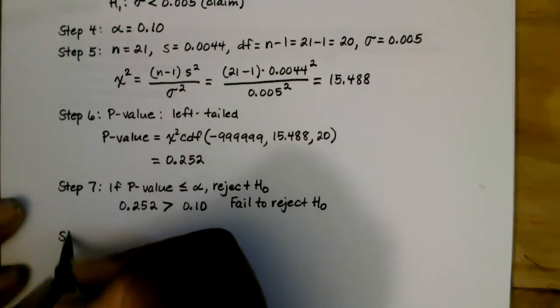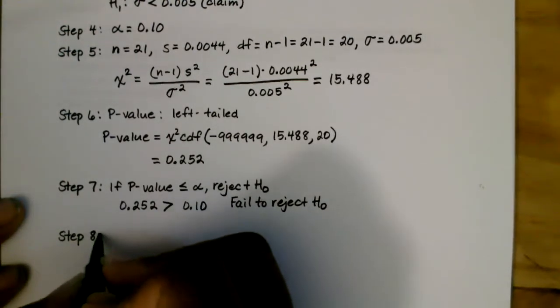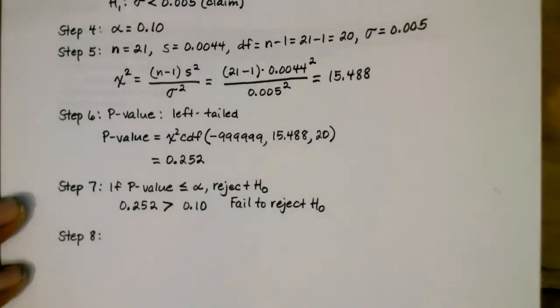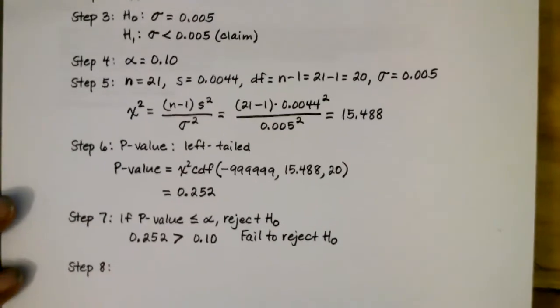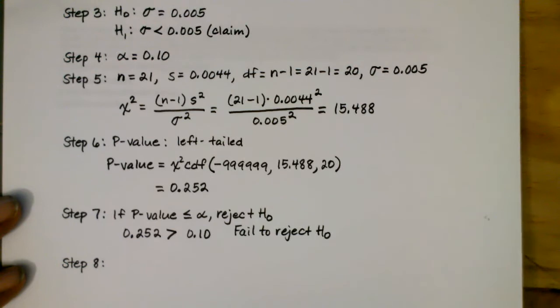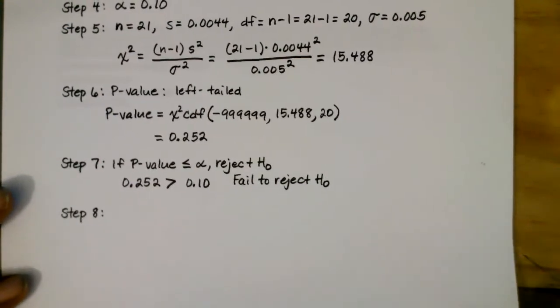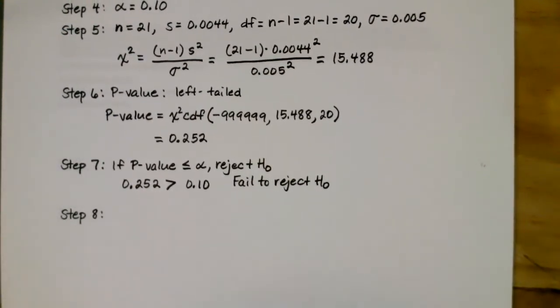And then step number 8 is the conclusion. Well, we failed to reject the null hypothesis, and the claim was the alternative hypothesis. So that means we have to say that there's not sufficient evidence to support the claim.